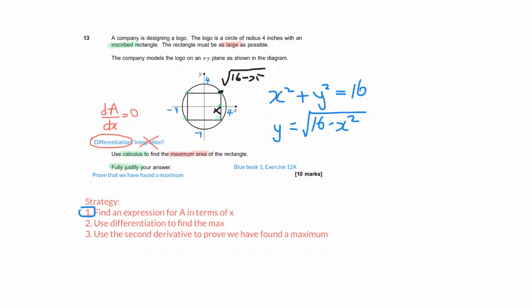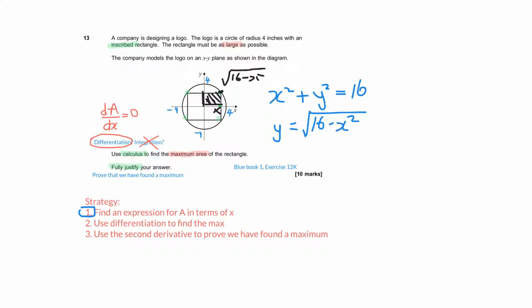So its x-coordinate is just x, and its y-coordinate is the square root of 16 minus x squared. So when we think about area now, I've got a small rectangle. I'm just going to look at this small quarter of the whole rectangle, where its width is x, and its height is the square root of 16 minus x squared. And 4 of those altogether make the area of the whole rectangle.